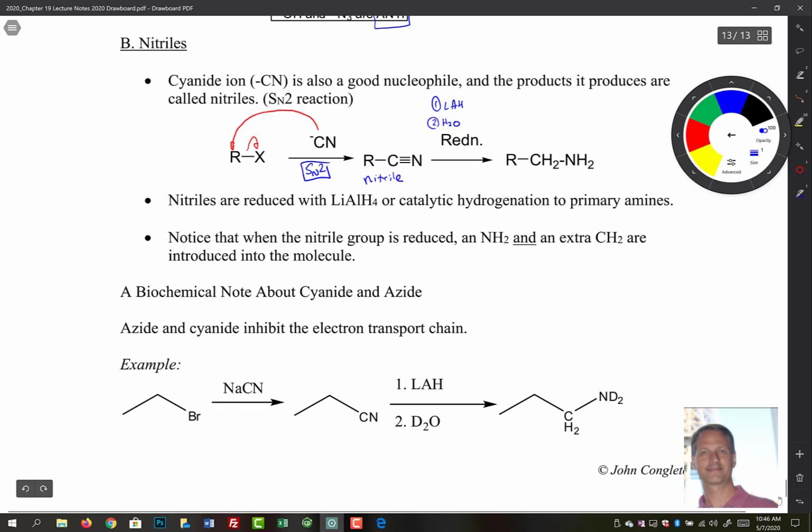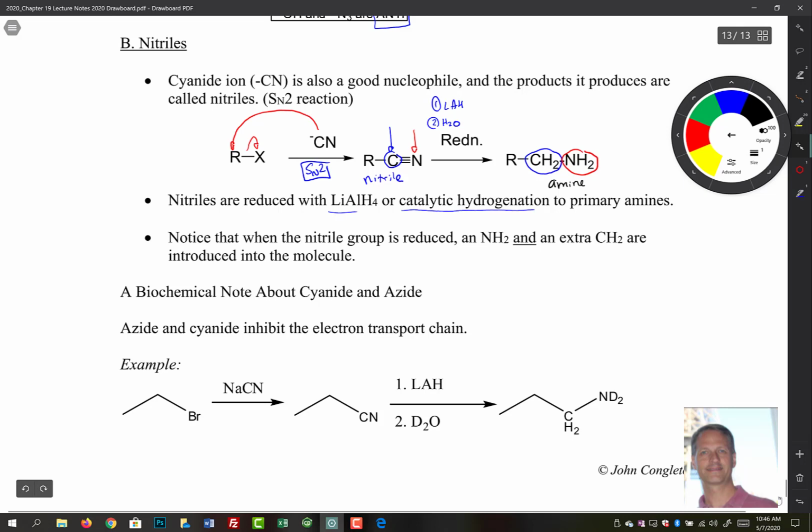and H2O there. Notice that catalytic hydrogenation works too, but again, students tend to like to use LAH because it's just the go-to thing. But what happens here is that our carbon becomes a CH2, and our nitrogen there becomes an NH2, and that gives us an amine.